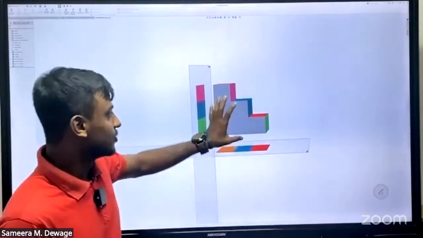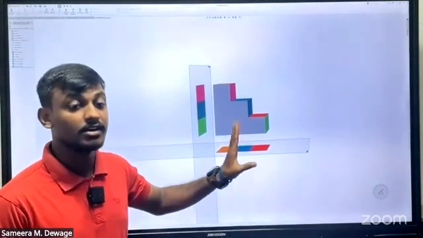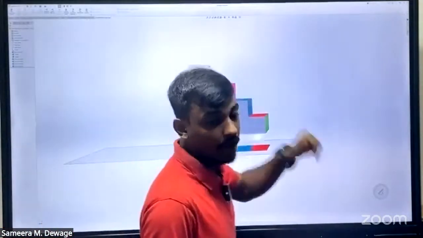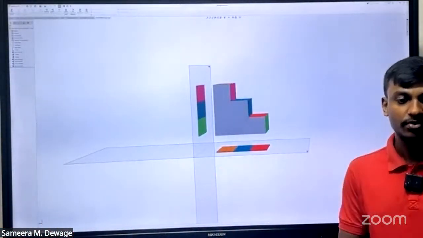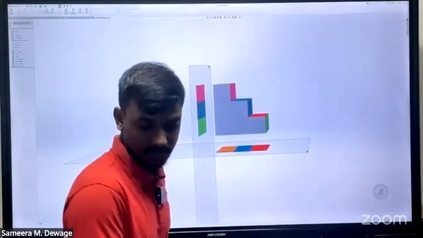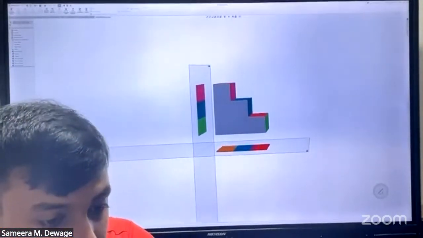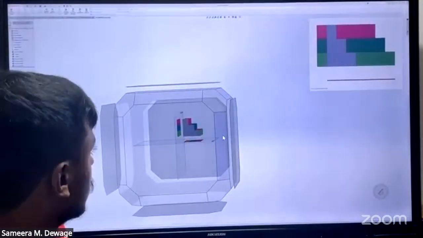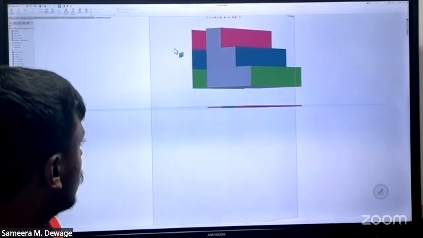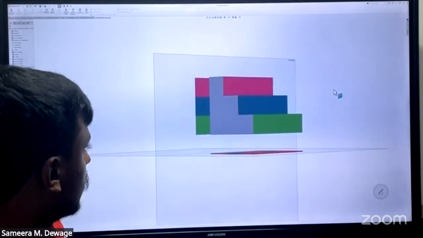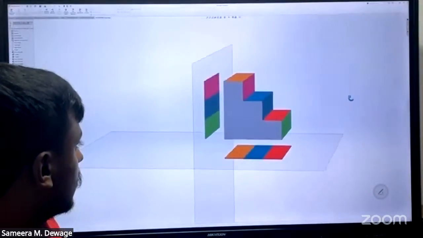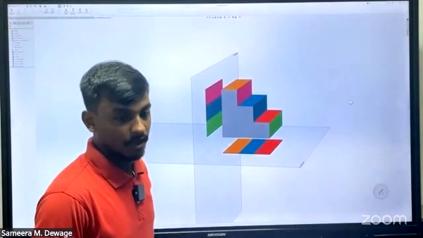Okay, right. So in first angle projection we place our object on the first quadrant and we look at the object perpendicularly from different directions, right?